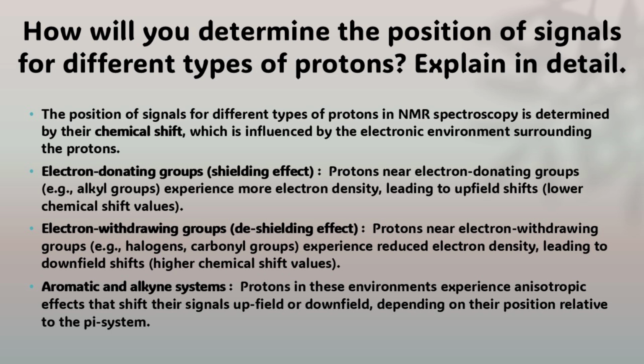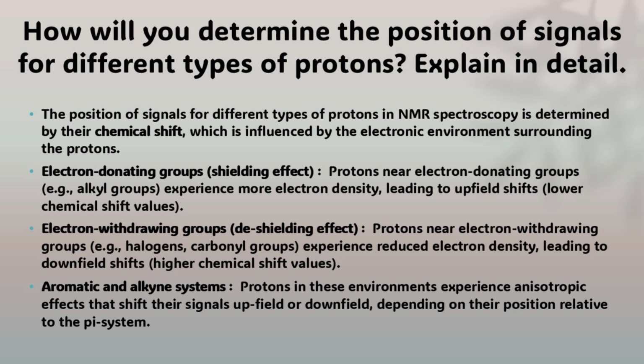Electron-donating groups, shielding effect: protons near electron-donating groups, for example alkyl groups, experience more electron density, leading to upfield shifts, lower chemical shift values. Electron withdrawing groups, deshielding effect: protons near electron withdrawing groups, for example halogens, carbonyl groups, experience reduced electron density, leading to downfield shifts, higher chemical shift values.